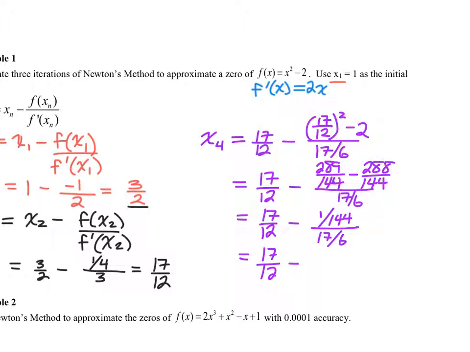Keep, change, flip. We're talking about 6 over 144 times 17. That's just wonderful. I could simplify a bit here, I guess. That's not what I had in mind. 372, okay, so 1/24th.